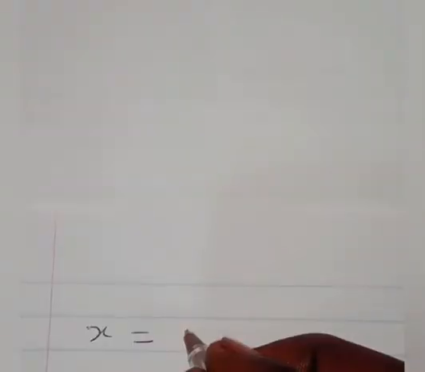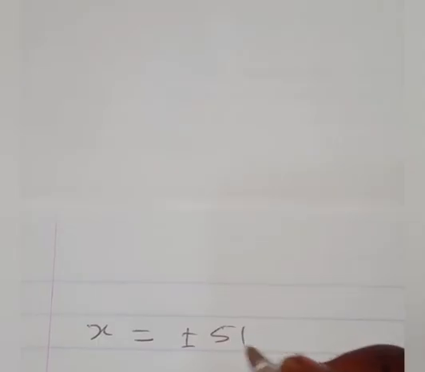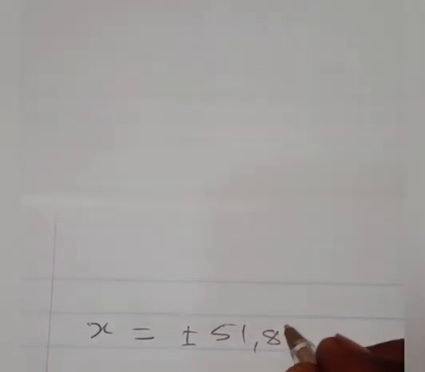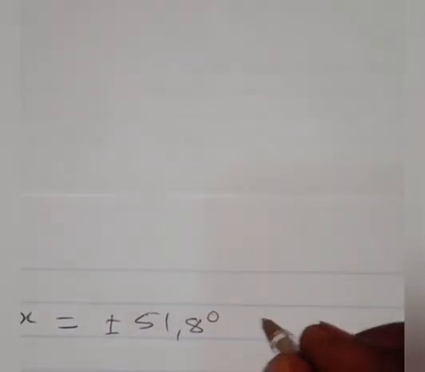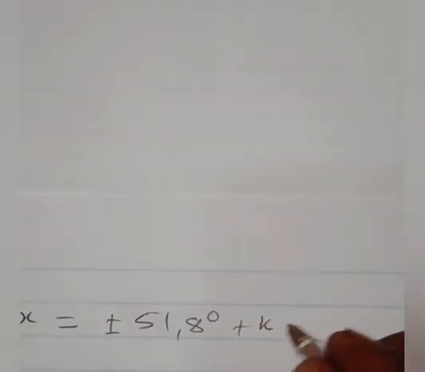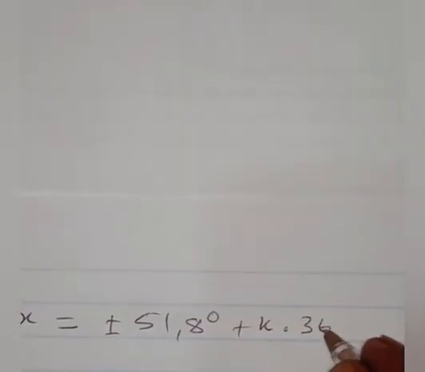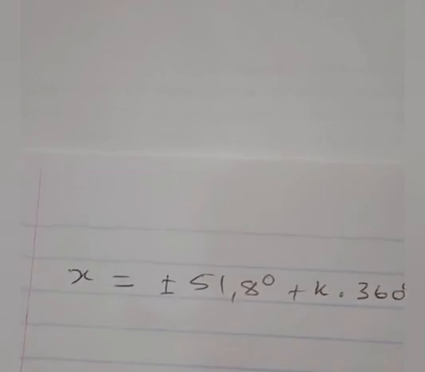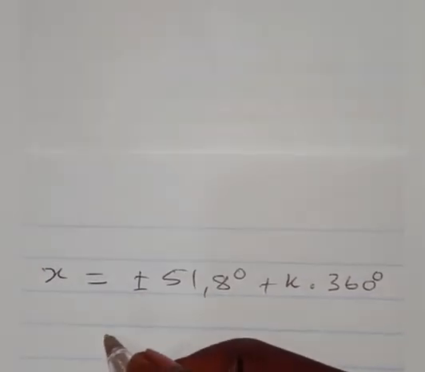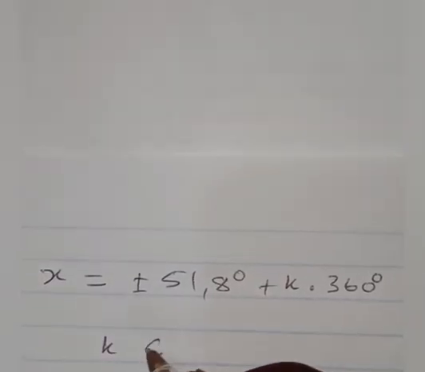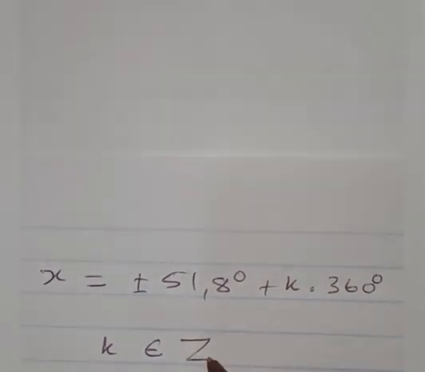Now, since we have the critical value, the general solution for cos x gives us x is equal to plus or minus 51.8 degrees plus k multiplied by 360 degrees. And in this case, k is an element of all the integers.